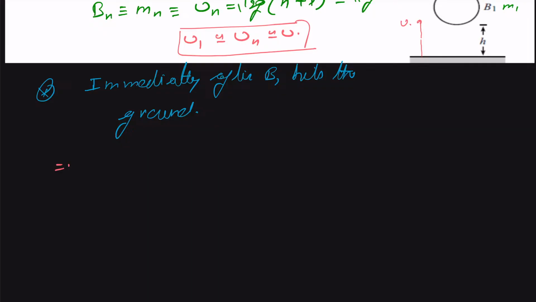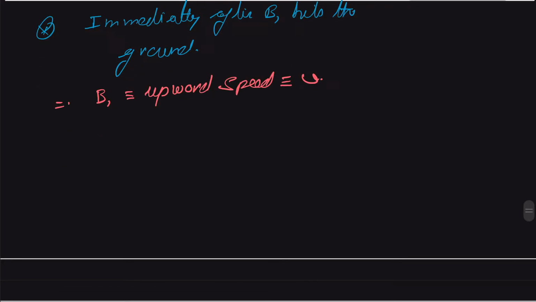Therefore after collision b1 has a velocity in the upward direction. So we have upward speed v, and the rest of the balls, that is b2, b3 and bn, are still moving downward, but their speed is equal to v. So it means it will be something like a chain reaction.